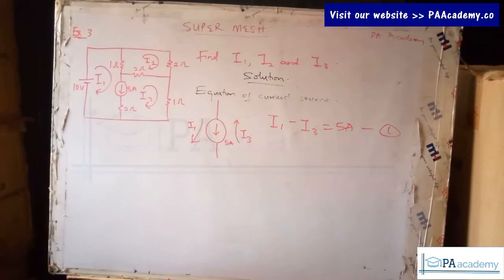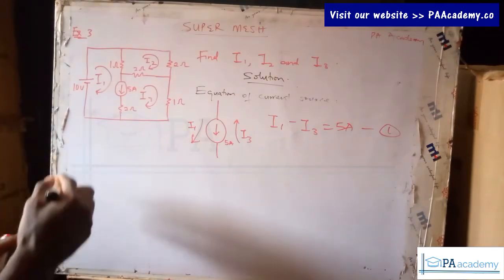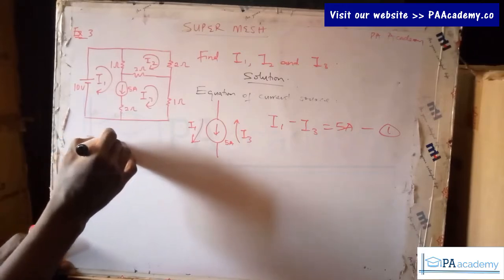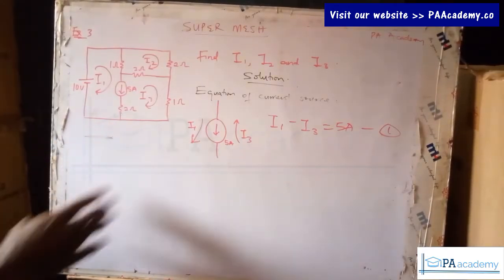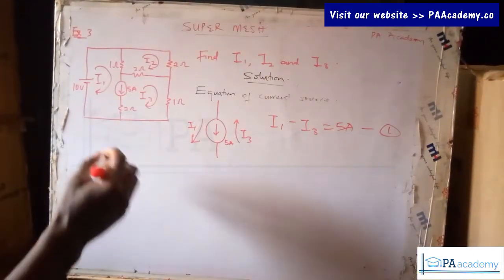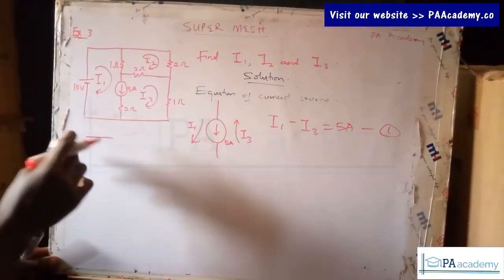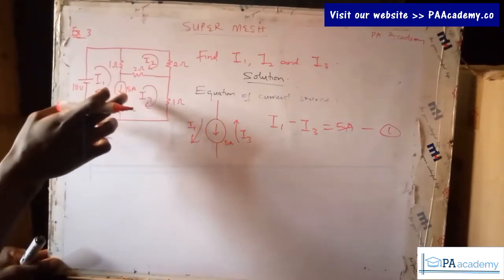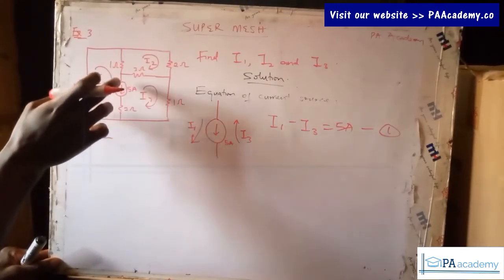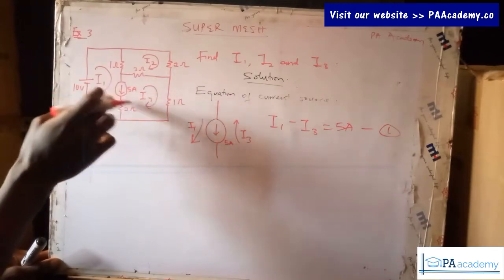Now having done that, let's go ahead and draw the Supermesh circuit. This is where there's a little difference compared to the other example we looked at earlier. In drawing that, we are going to have something like this. Don't forget, we are going to join the meshes that share this current between them.